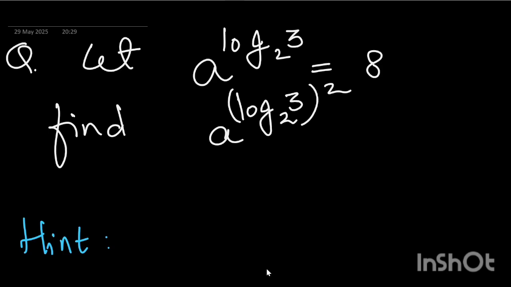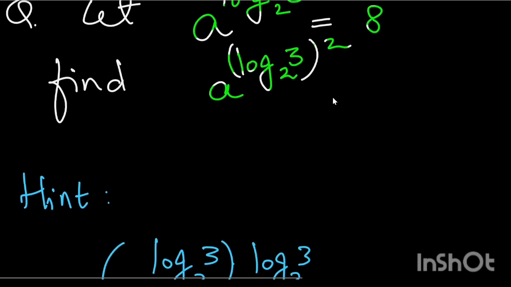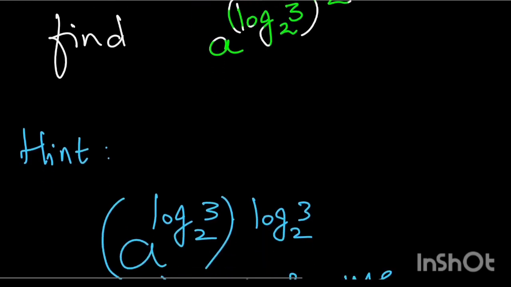So guys, in this question, it is given that a to the power log 3 base 2 is given to be 8. We have to find the value of a to the power log 3 base 2 whole square. How can we solve this, guys? What's the hint? What we can do, we can write this like this.